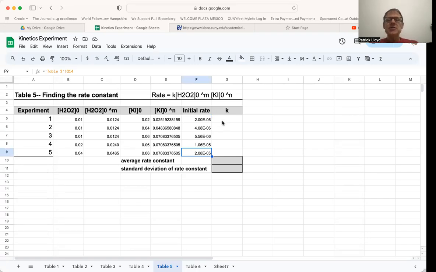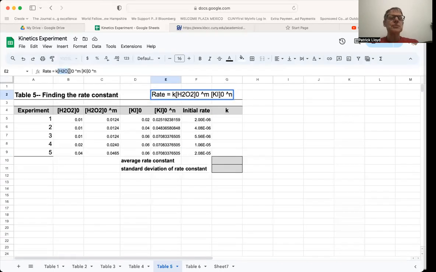Now we're going to find the rate constant. And the way we find the rate constant is we use this formula here. To find K, we're going to take the rate and divide on both sides by the concentration of H2O2 raised to the m times the concentration of KI raised to the n. So we're going to divide by that entire chain there.